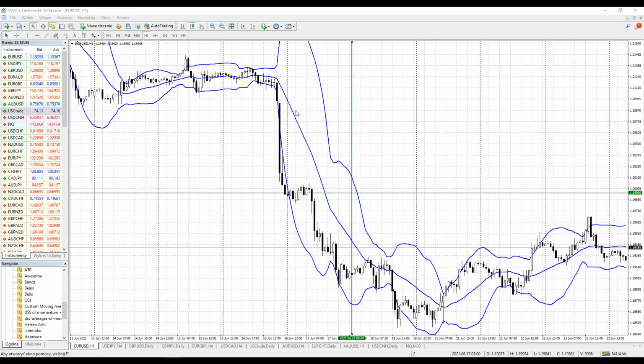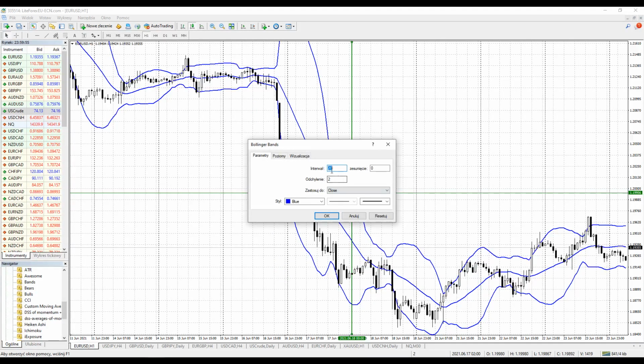All right, so let me show you. The interval is 20 and the deviation is 2.